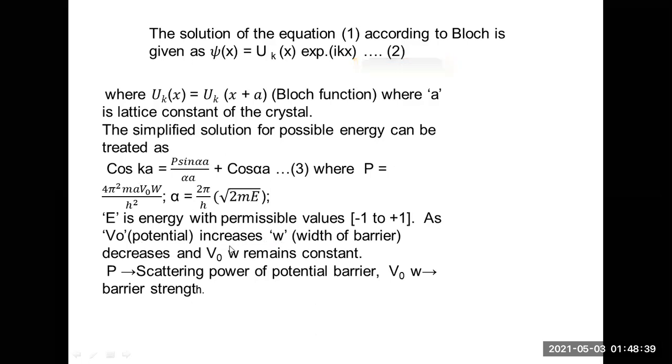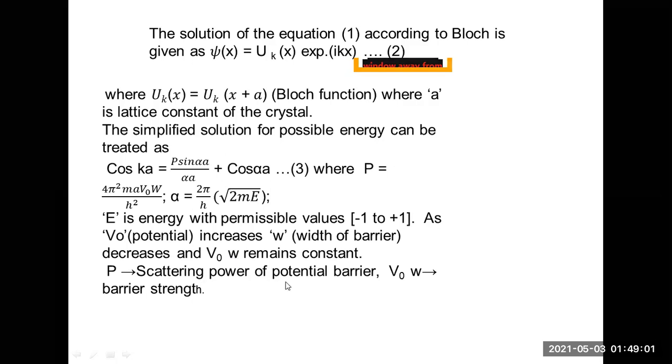So what will happen if the potential is increasing? The width of the barrier will definitely decrease. And what will happen to the product of the potential and the width of the barrier? It will remain constant, since one is increasing and the other is decreasing.